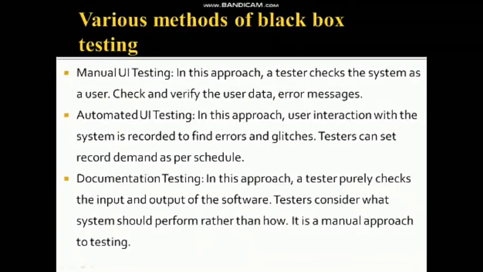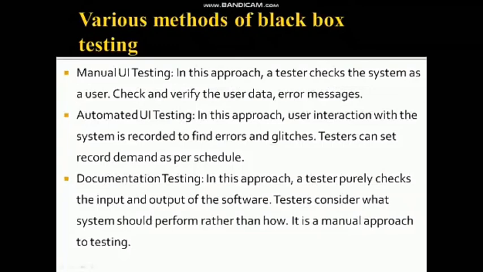Second slide, various methods of black box testing. Methods: manual UI testing, automated UI testing, documentation testing. First we have to see manual UI testing. A tester checks the system as a user and verifies data and error messages.